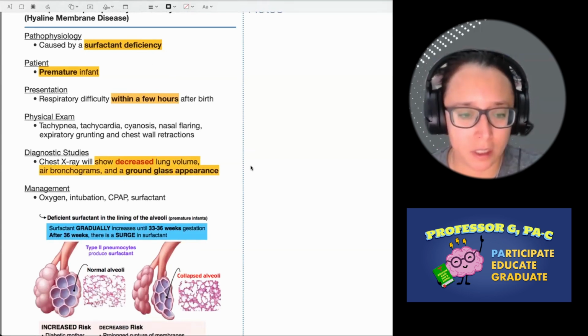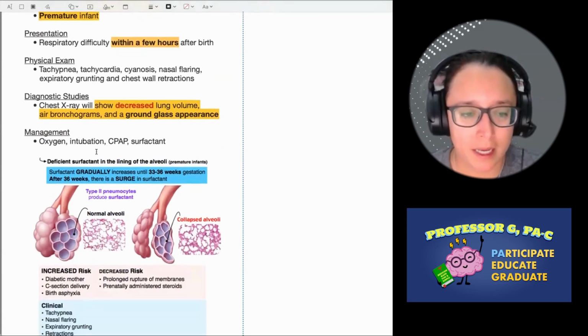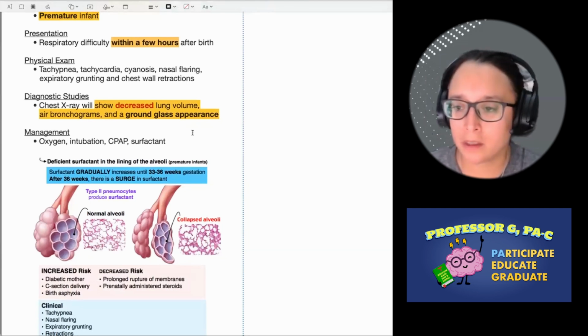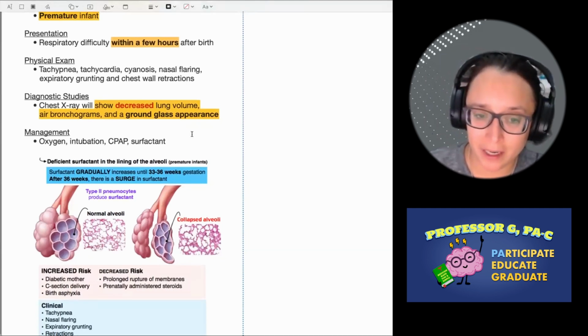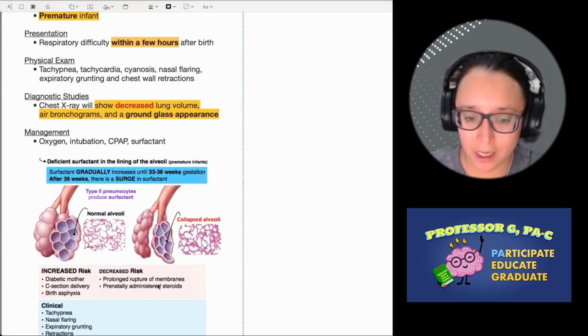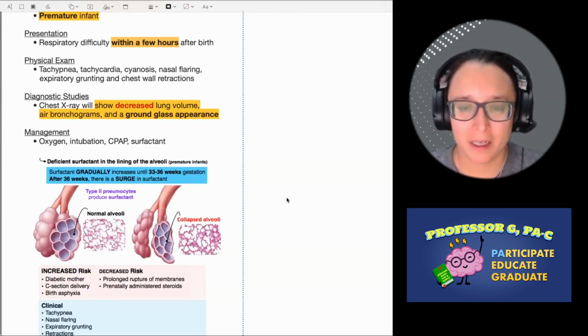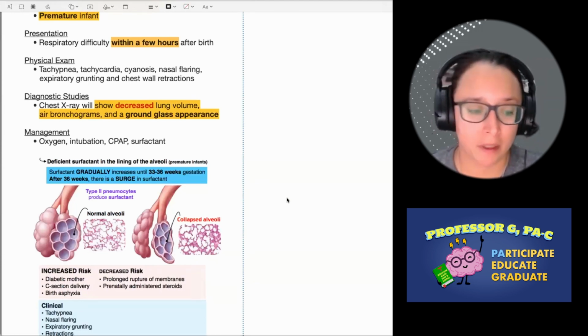If you see ground glass appearance in a brand new newborn baby, think surfactant deficiency, IRDS. For treatment, if we know that the mom is going to deliver prematurely and we have time, we can give the mom steroids prenatally to help develop the lungs. If the mom is in some sort of distress, like preeclampsia, and we think she might deliver early, we'll give the steroids.